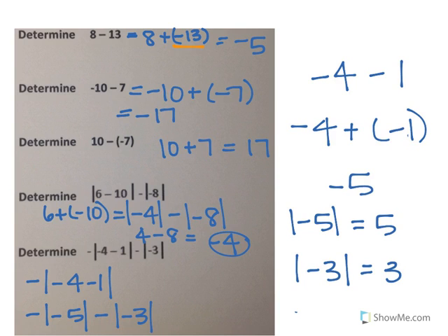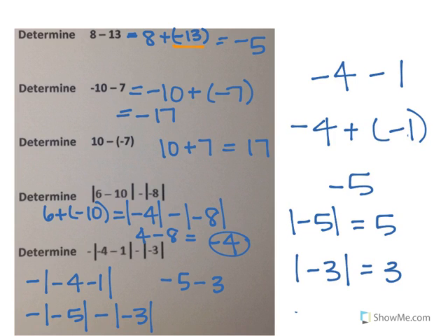Don't forget there was a negative sign in front of the absolute value bars, which means that we're going to have to apply that negative to the absolute value of negative 5. The absolute value of negative 5 is positive 5, but because of that negative sign on the outside of the absolute value bars, we're going to write negative 5 minus positive 3.